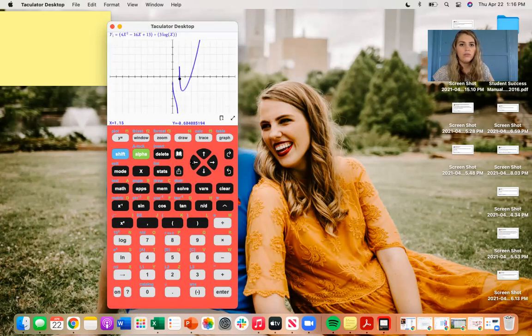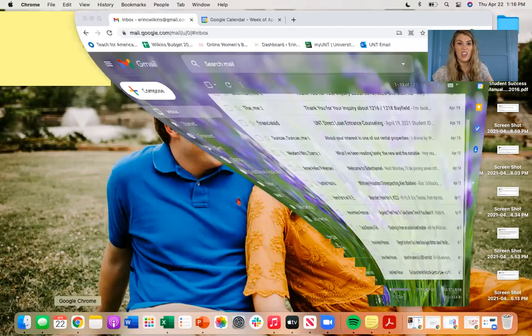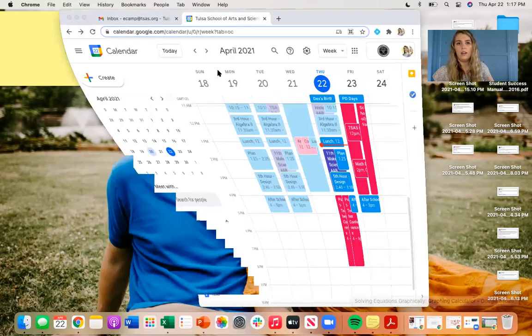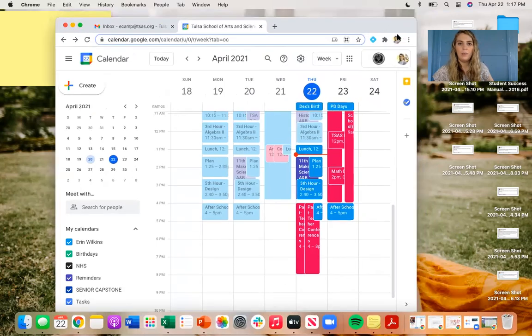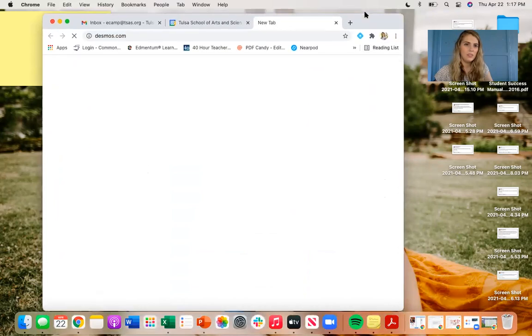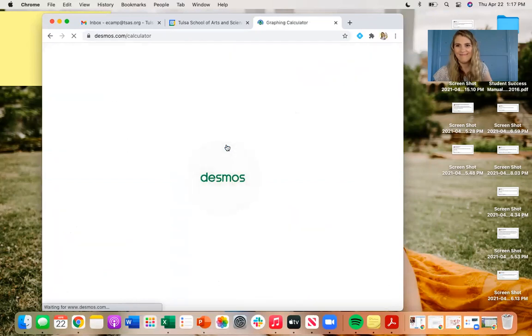Okay, y'all. New plan. This isn't working, but you did see kind of how I would set it in. So we're going to use Desmos instead, because I know you all have access to that. So here, I'm going to go to Desmos, graphing calculator.